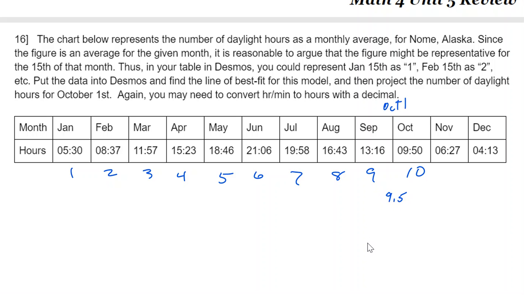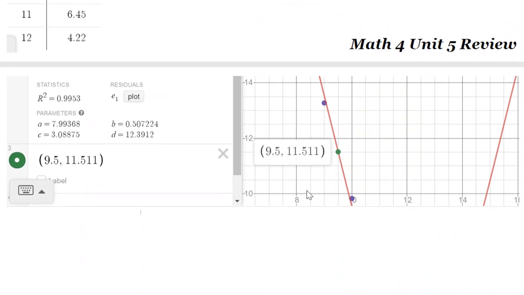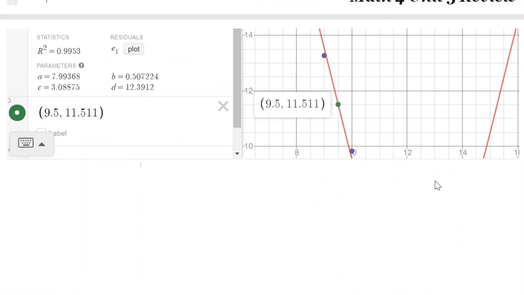So that's what we're going to chase on the graph, is where did 9.5 land? And as it turned out, that was about 11.511 hours. It's about 11 and a half hours.